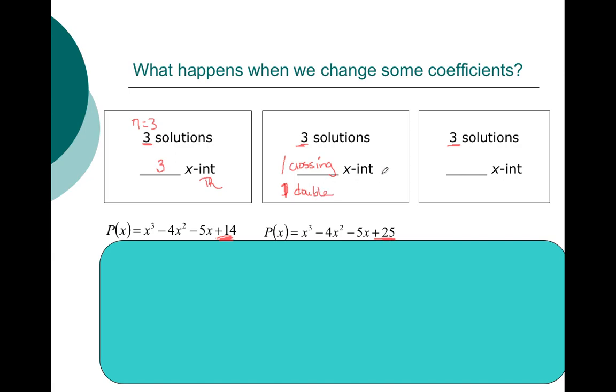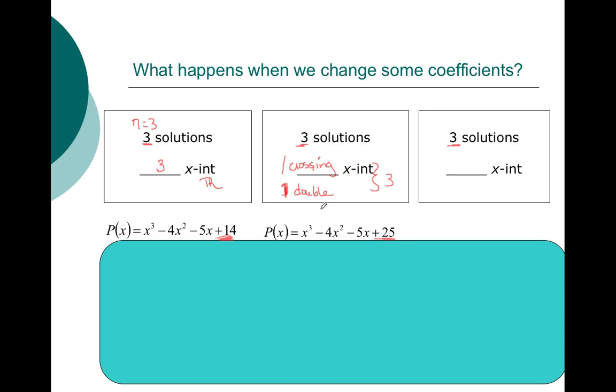Truly, isn't that still 3 though? Because you have one crossing x-intercept and one double. Think of it as kind of like kissing the axis, right? It just comes down, kisses it, and goes back up. And it kind of looks like the vertex of a parabola. But it's not a parabola, because to be a parabola you have to be degree 2, and this is degree 3.